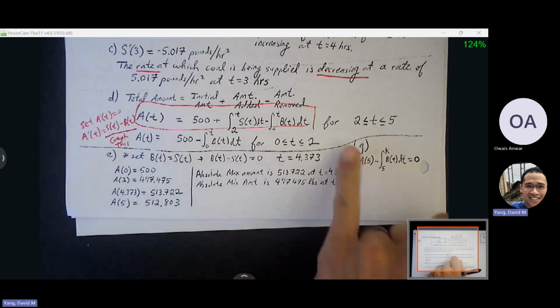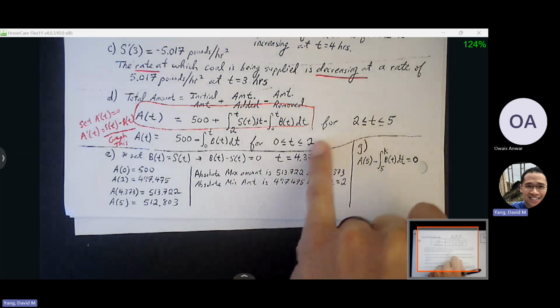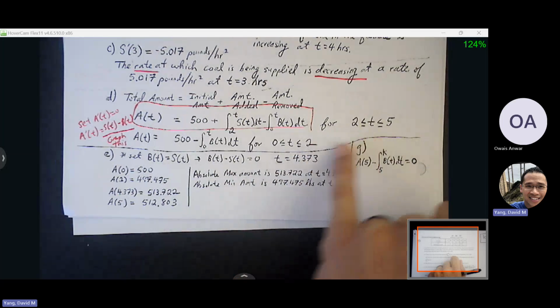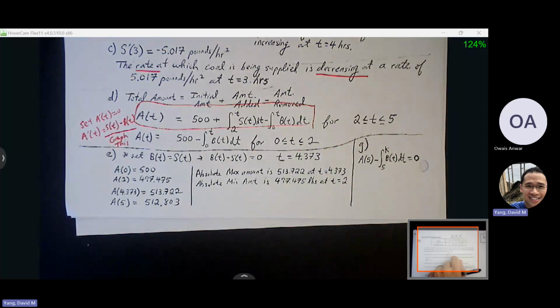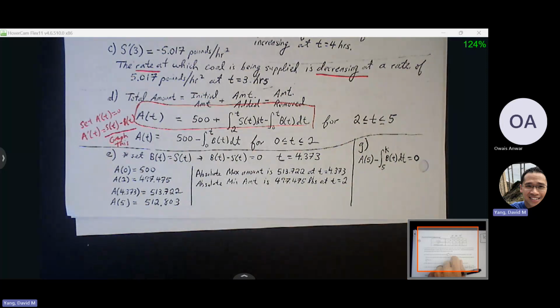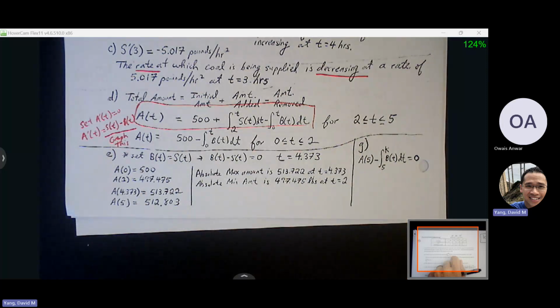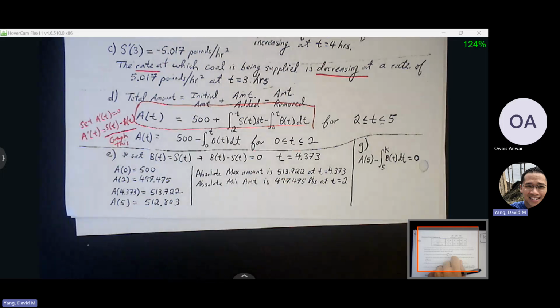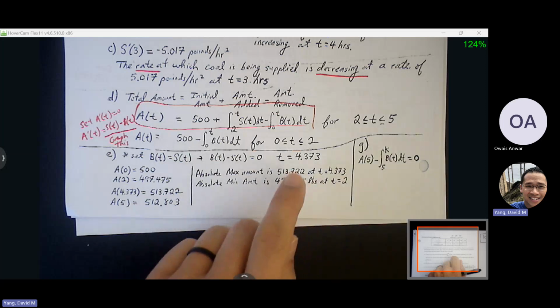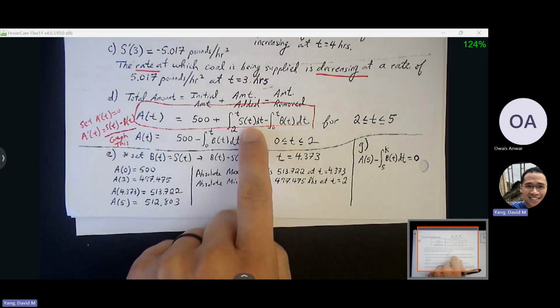But also, there is a change at 2 here. So 2 is also a critical point since that's a cutoff between the first piece and the second piece of the piecewise function, because at 2 hours the coal is getting added into the furnace.